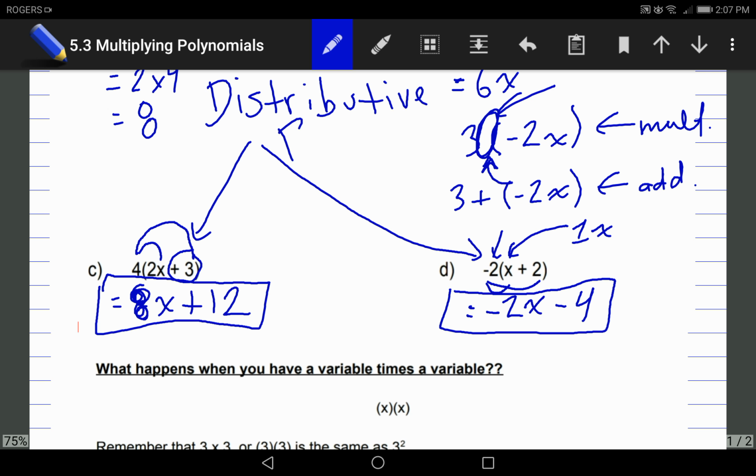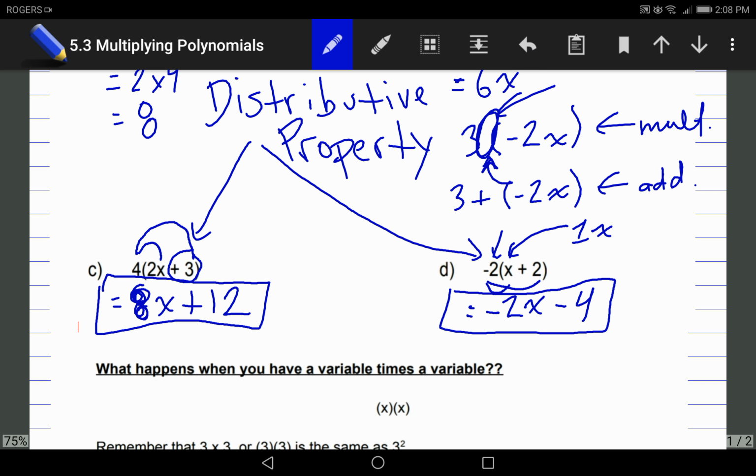Why is it called that? Well, it's because you're distributing the 4, for example, into everything that's in the bracket, not just the first term in the bracket, but everything. And so that is called the distributive property.